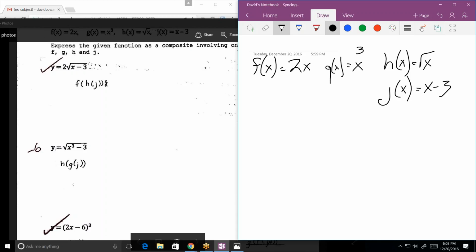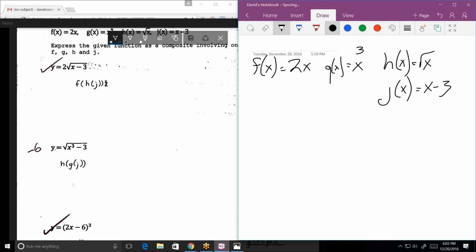Well, we can see that that's a combination of three of these things, right? In other words, it's a combination of that one, and that one.